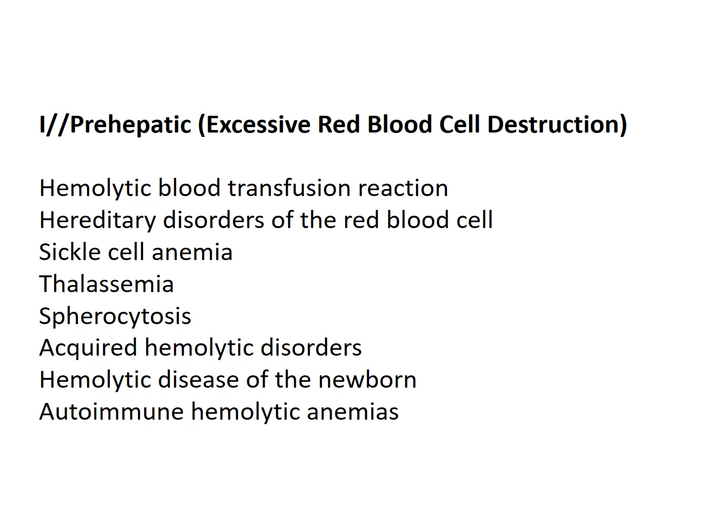In this category, all diseases that lead to intra- or extravascular hemolysis are included: hemolytic blood transfusion reaction, hereditary disorders of red blood cells, sickle cell anemia, thalassemia, spherocytosis, acquired hemolytic disorders, hemolytic disease of the newborn, autoimmune hemolytic anemias. All types of hemolytic anemias, whether intra- or extravascular hemolysis, are included in prehepatic jaundice.